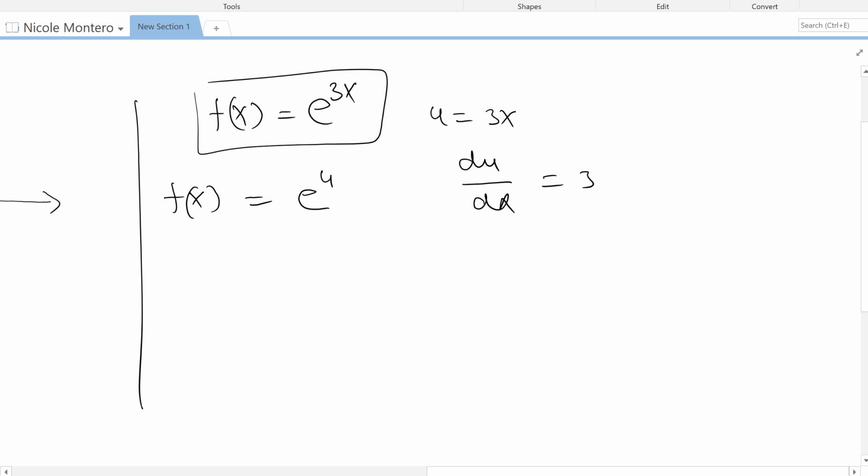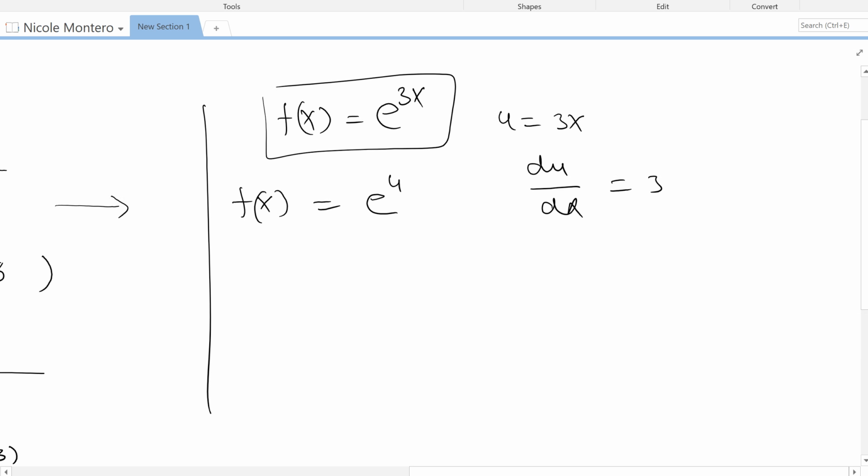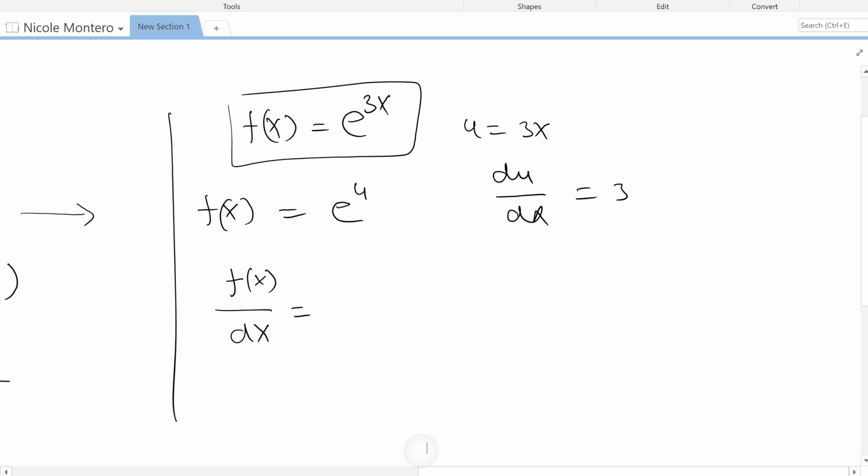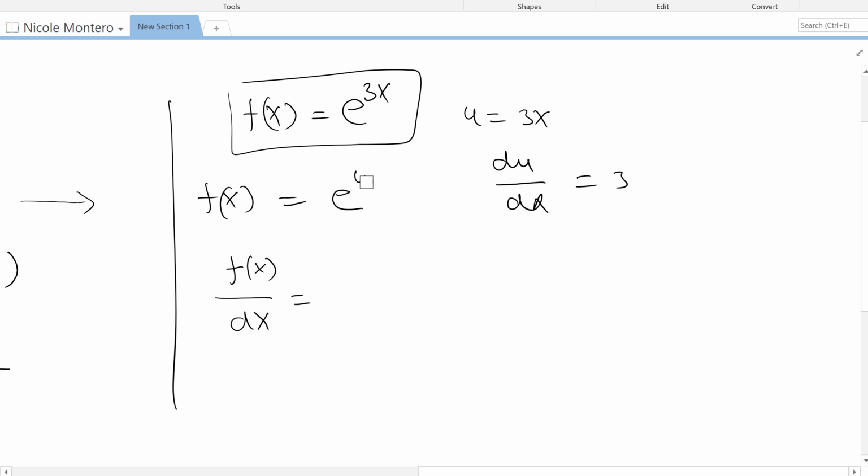That's enough. du over dx is 3. Now I do the derivative of f(x), so you can write f prime x or df over dx. Now this is a function of u, and u is a function of x, so you can put a bracket like g of x, in the same manner u of x. If you don't want to confuse it, don't write it.